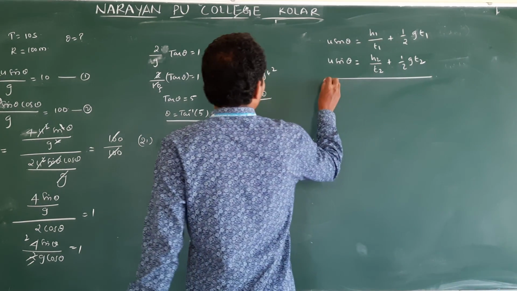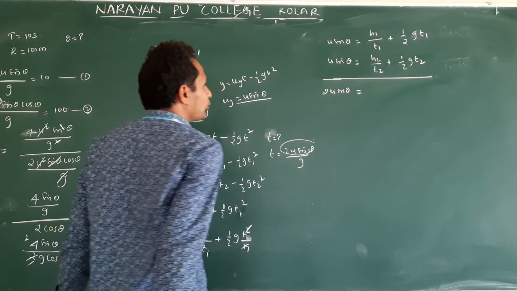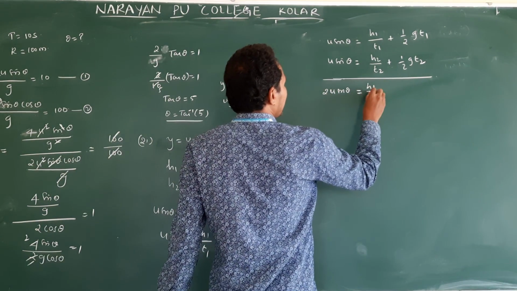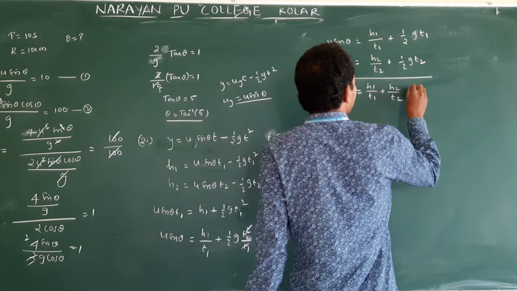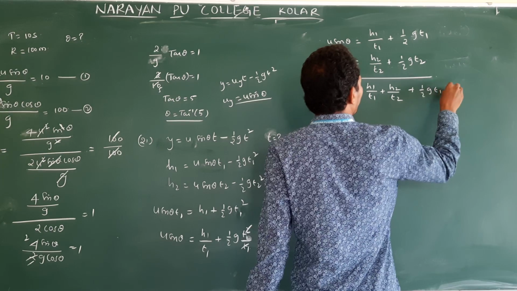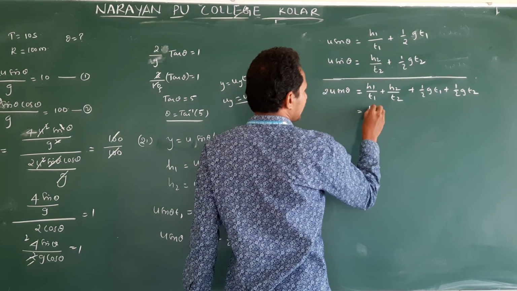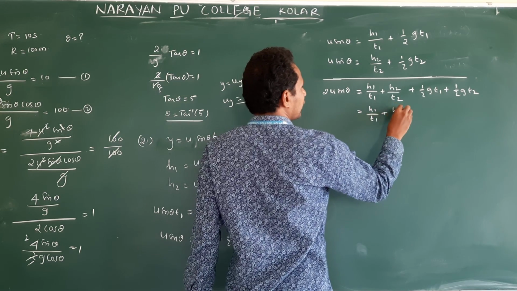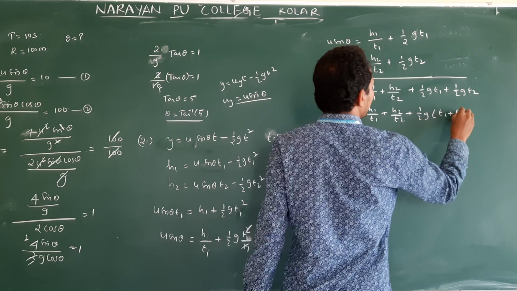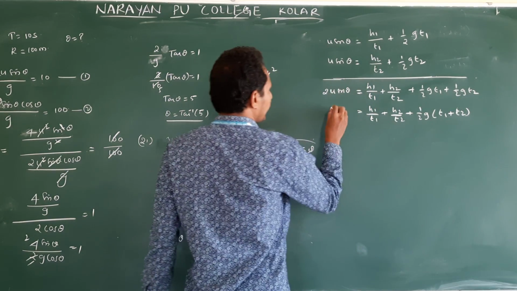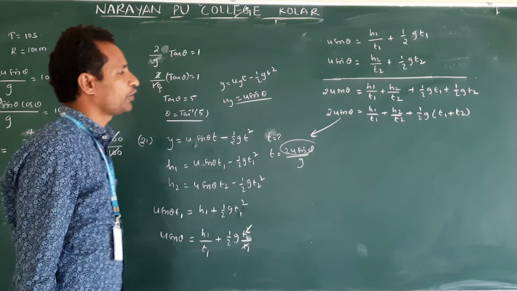Then what do you get? 2u sin theta is equal to h1 by t1 plus h2 by t2 plus half g t1 plus half g t2. Then this is h1 by t1 plus h2 by t2 plus half g common, t1 plus t2. This is 2u sin theta.